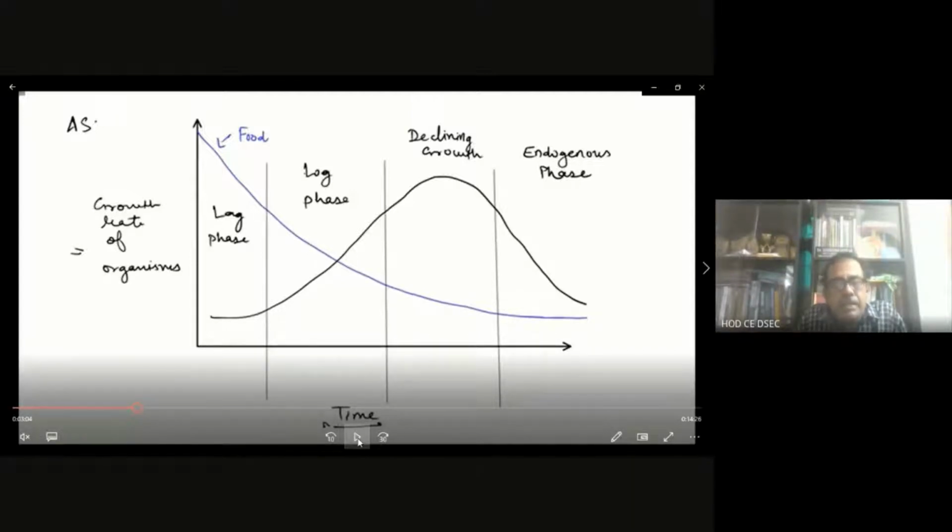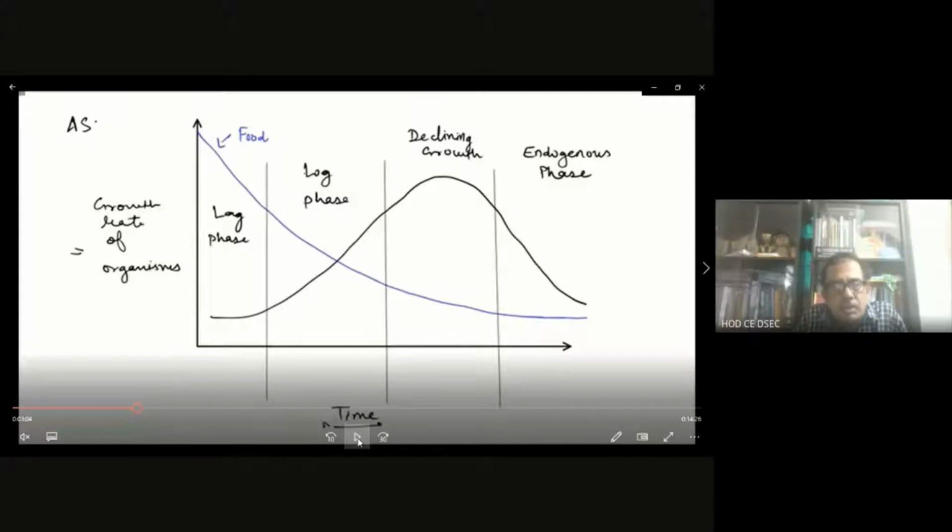Initially, in the activated sludge process, suppose you consider the settling tank. At the very beginning of the treatment, when inflow just starts coming into the tank, there is no sludge in the secondary sedimentation tank because treatment just started.